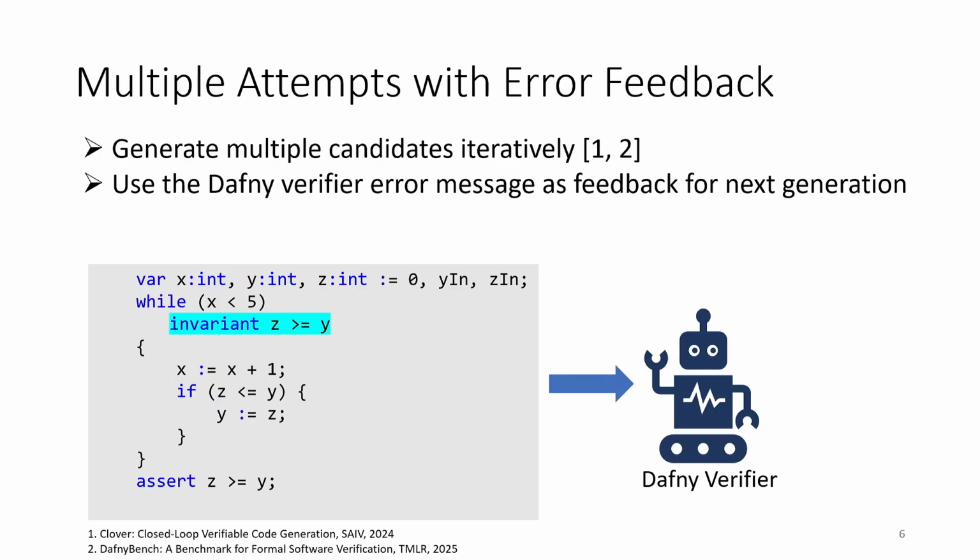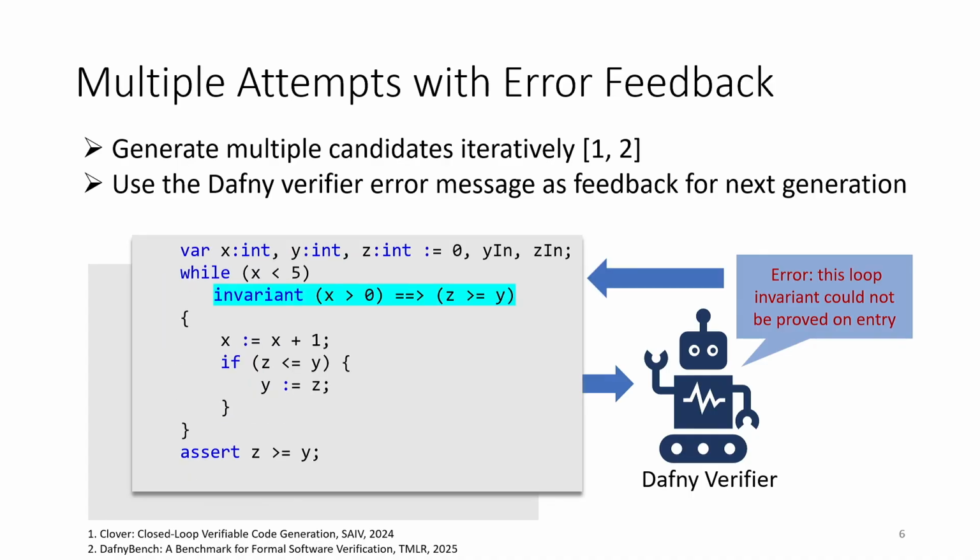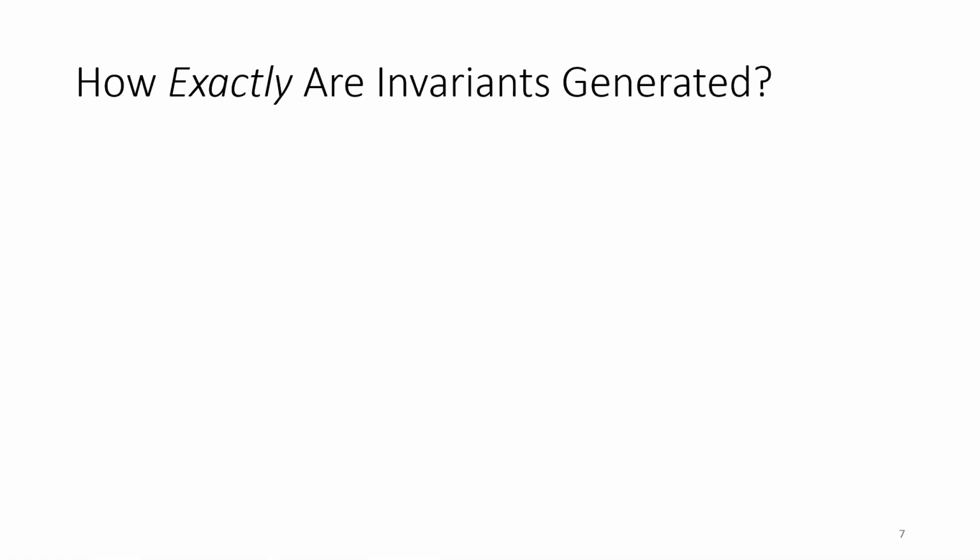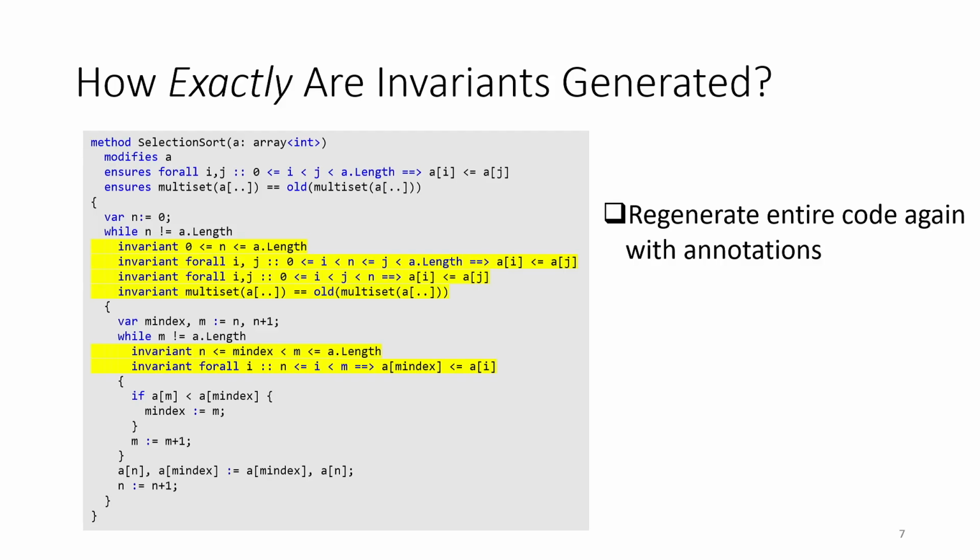This is the first attempt generated by the LLM, which doesn't get proved because the invariant it predicts is not actually inductive. If you pass it to the Dafny verifier, this is the error message. Now, if you feed this error message back to the LLM and regenerate, the LLM now provides an inductive invariant that was able to prove the correctness of the program with respect to the pre and post condition.